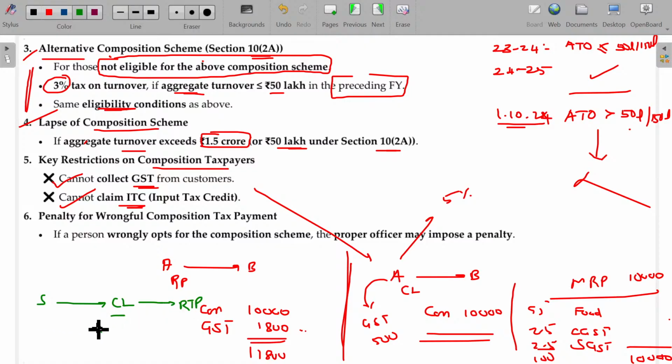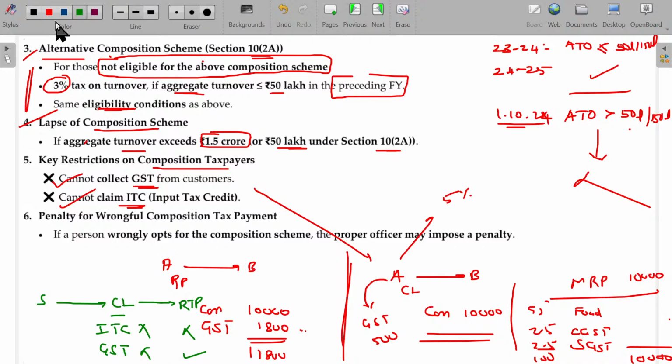You cannot claim the ITC and you cannot collect the GST from your customer. This subsequent buyer cannot claim the ITC. Of course, he can collect the GST from his own subsequent buyer. As supplier, you are not able to collect the GST. You are not able to claim the ITC for your input supply. And your recipient is also not eligible for ITC. But of course, if he is a registered person, he can collect the GST.